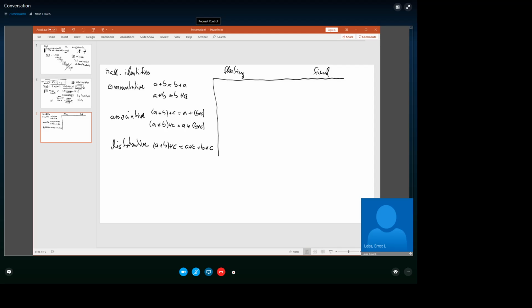And so it turns out that for both floating point and fixed point, in addition and in multiplication, those identities hold. So a plus b is b plus a, and a times b is b times a in both floating point arithmetic and fixed point arithmetic. And so that is somewhat comforting.